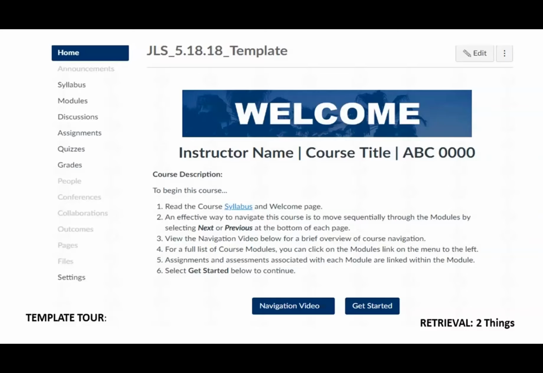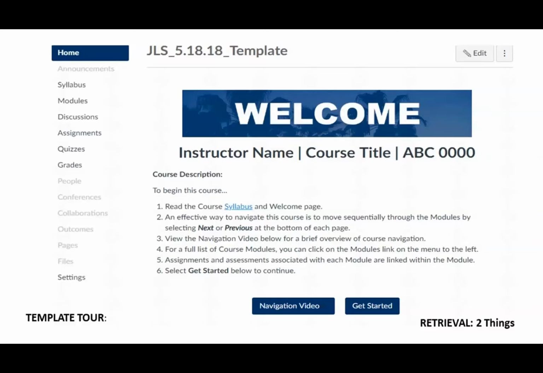So the fact that we have built this template with quite a few things already in place is what assures quality right at the outset. I heard someone reference last week that by using the template, they had already completed 26 of the standards from QM.